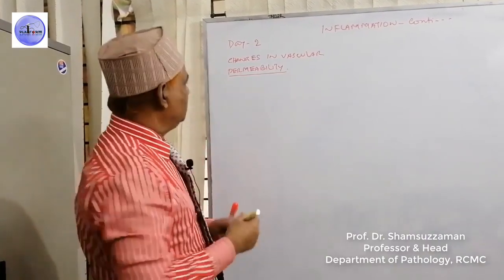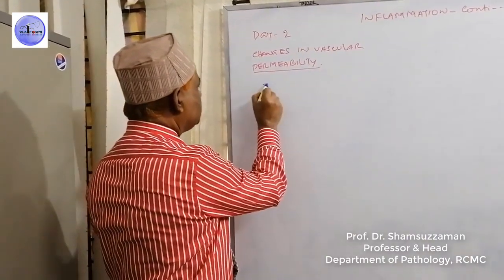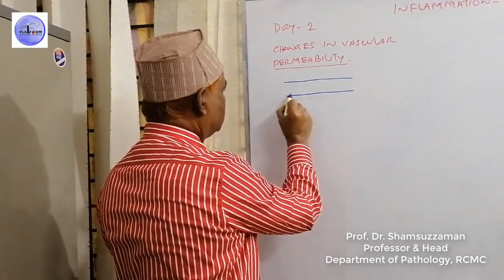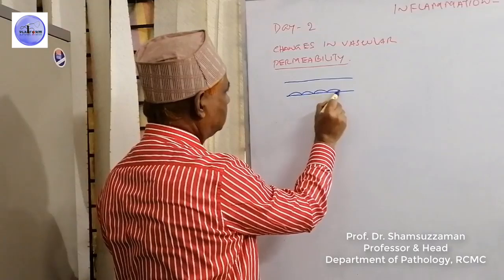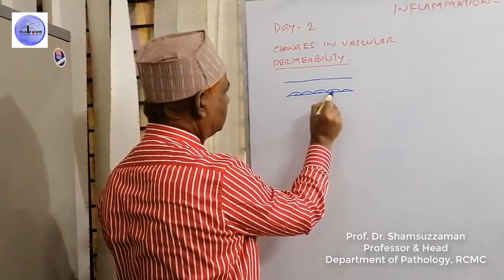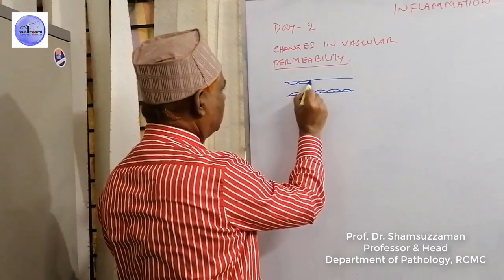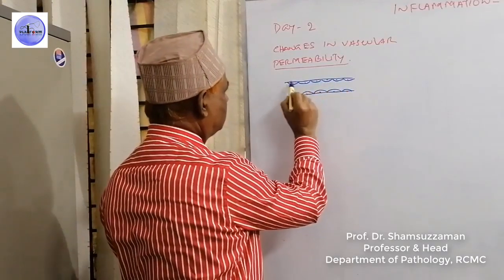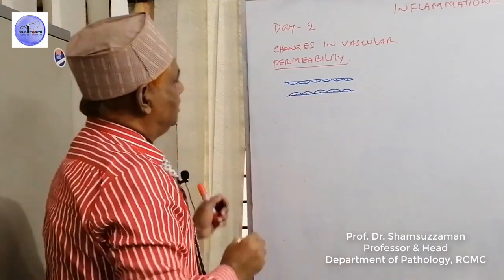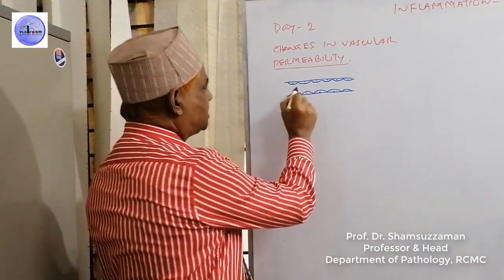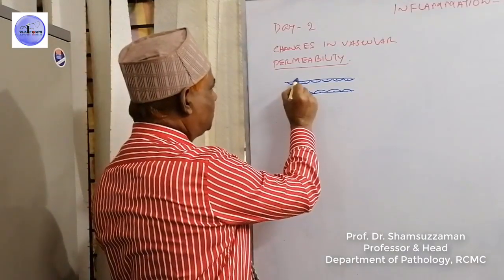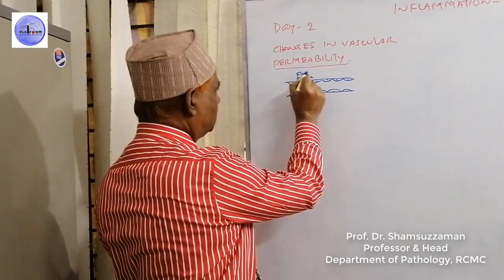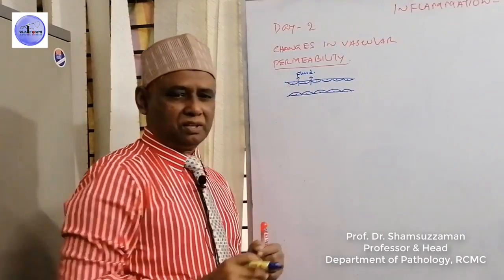Dear audience, we know this is a blood vessel in the tissue, and this is the endothelial lining. Through the interendothelial junction, a certain amount of fluid comes out into the tissue in normal physiological condition.